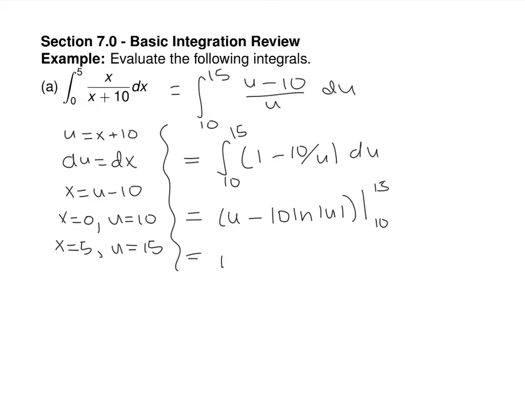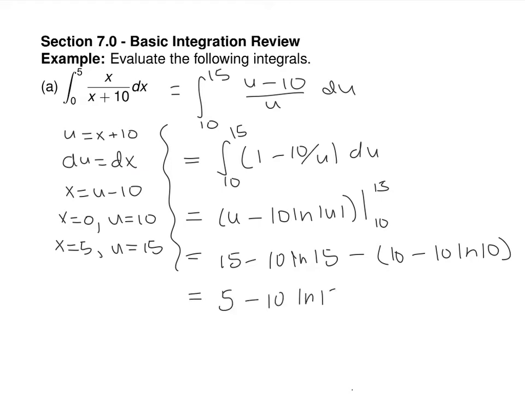So that will be 15 minus 10 ln of 15 minus 10 minus 10 ln of 10. That's a lot of tens. So when that negative distributes, we end up with 5 minus 10 ln of 15 plus 10 ln of 10.